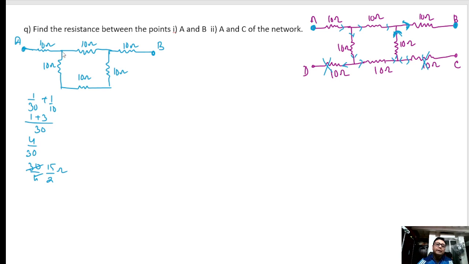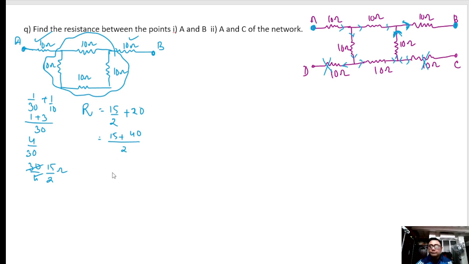Now with 15 by 2, this 10 ohms and 10 ohms will be in series. This is 15 by 2, this is 15 by 2. Now 15 by 2 plus 20 is our net resistance. They are in series. So 15 plus 40, that means 55 by 2.